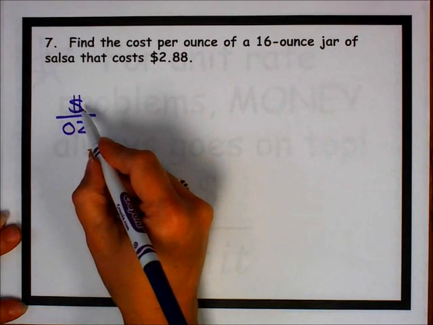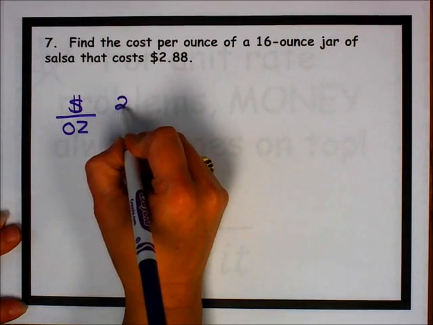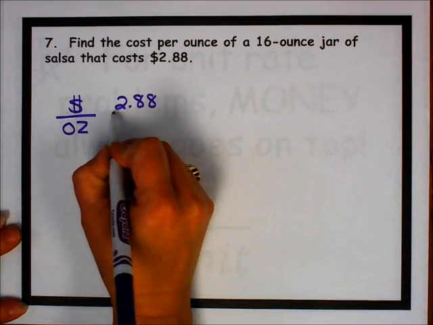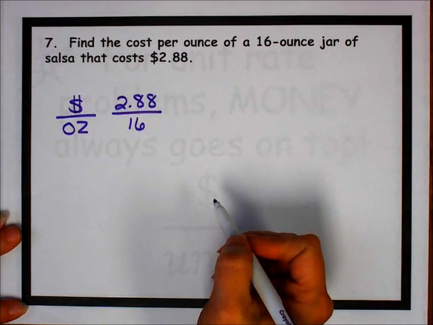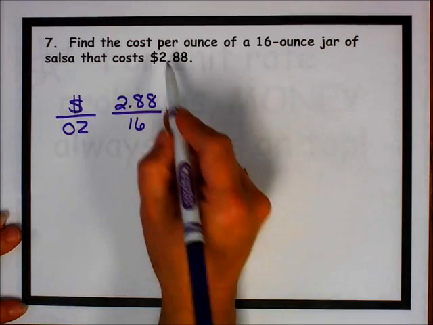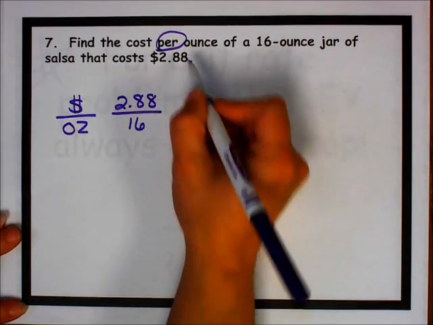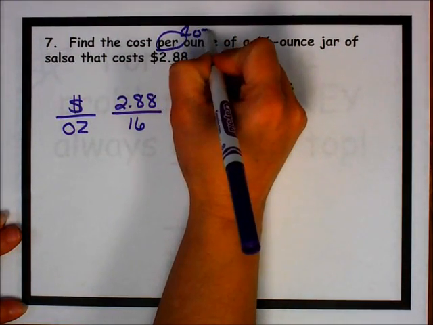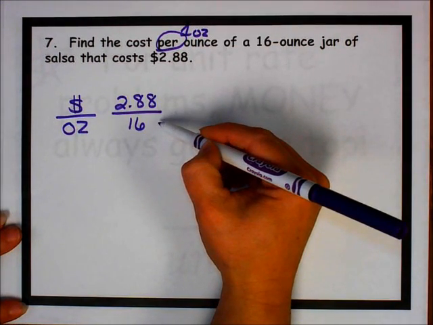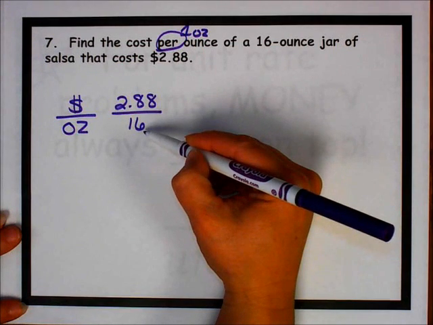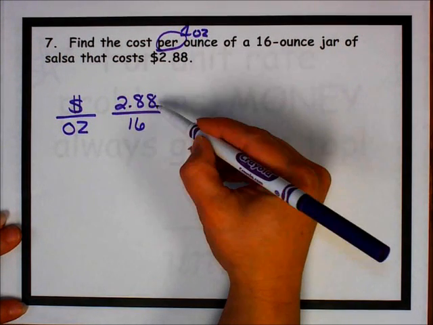So my ratio of money to ounces is $2.88 over 16. Now, I want to know the cost per ounce. Per ounce means for 1 ounce. So I'm going to simplify my ratio until I get down to a denominator of 1.